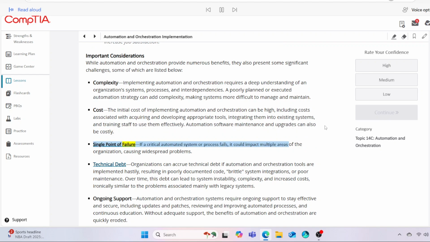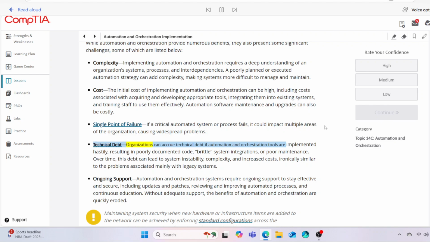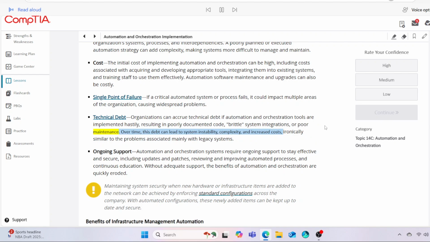Single point of failure. If a critical automated system or process fails, it could impact multiple areas of the organization, causing widespread problems. Technical debt. Organizations can accrue technical debt if automation and orchestration tools are implemented hastily, resulting in poorly documented code, brittle system integrations, or poor maintenance.